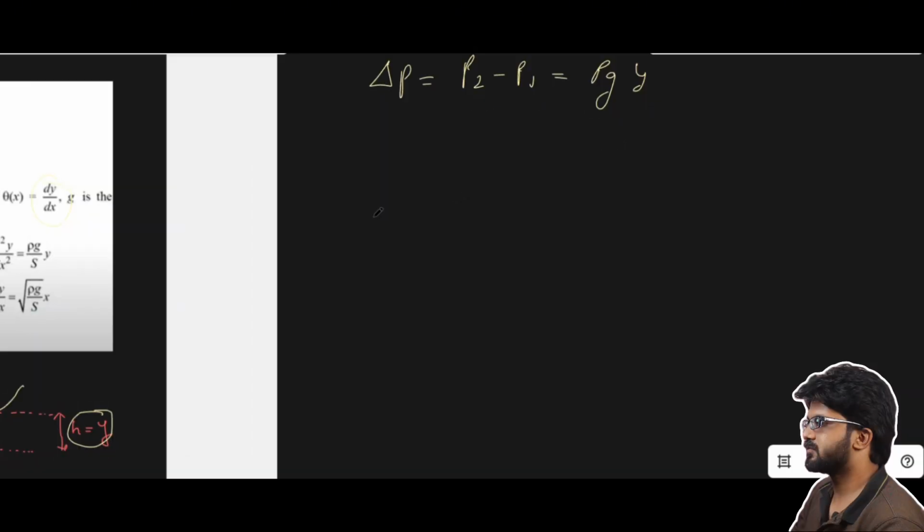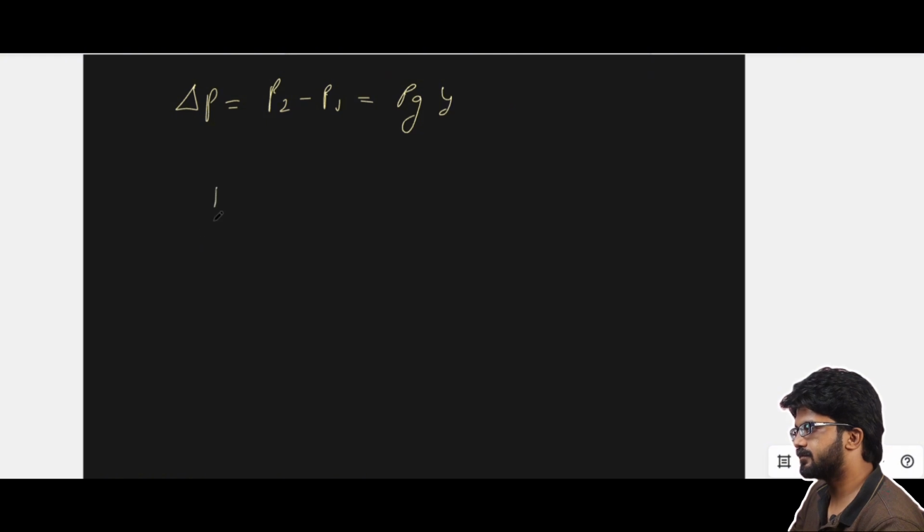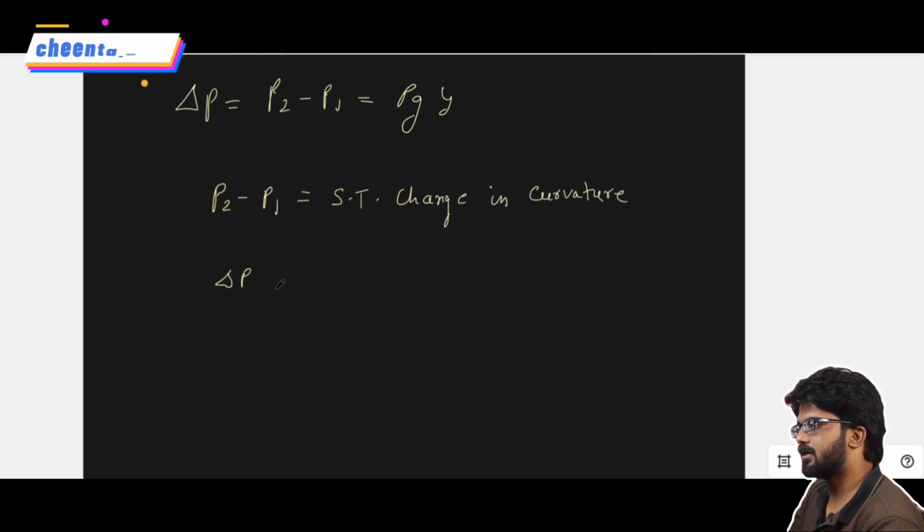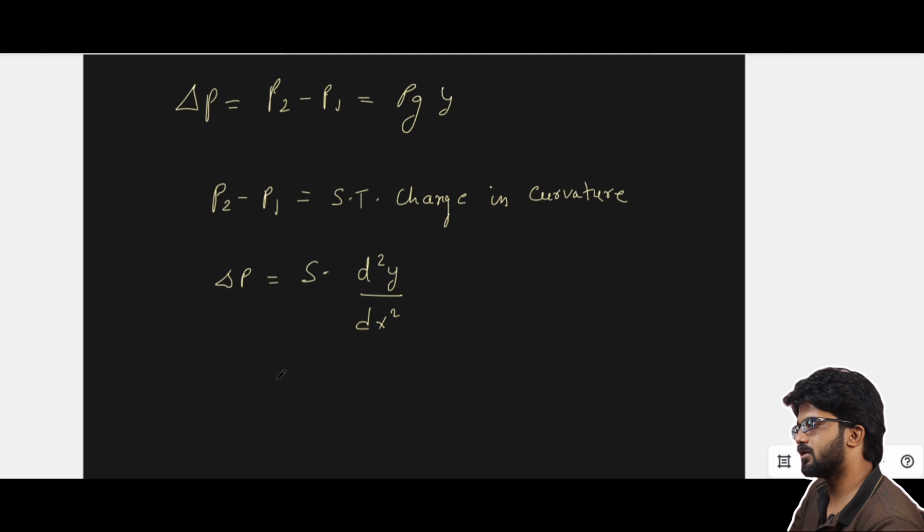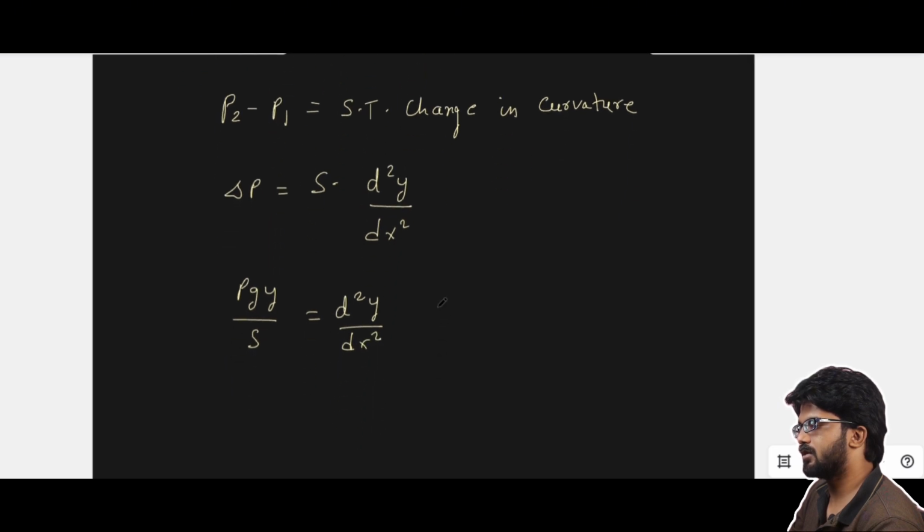Okay. So we know that P2 minus P1 is surface tension times the change in curvature, which is nothing but delta P is equal to S times d square y by dx square. So delta P is nothing but rho g y, divided by S, which is equal to d square y by dx square.